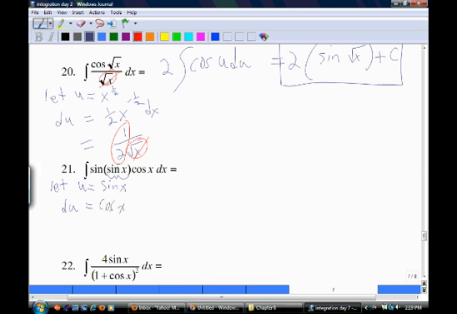So you can cancel off the cos x's, and you're left with the integral of, there's no coefficient now, right? Just sine of u du, which is negative cos, and u was sine x, plus c.